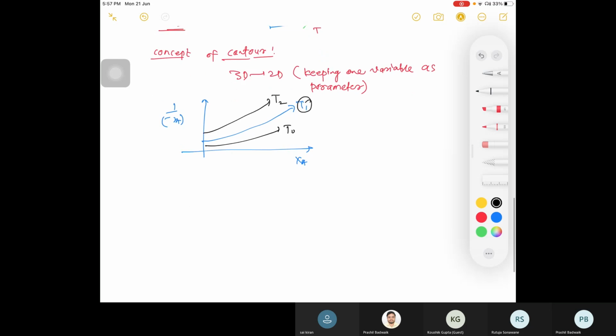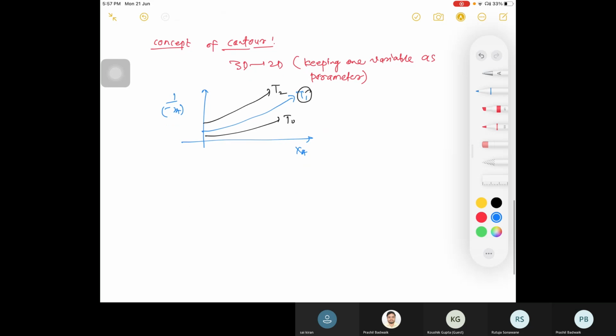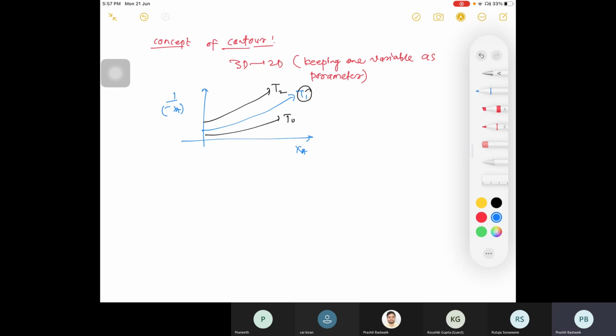Now for an irreversible reaction, what was your formula?